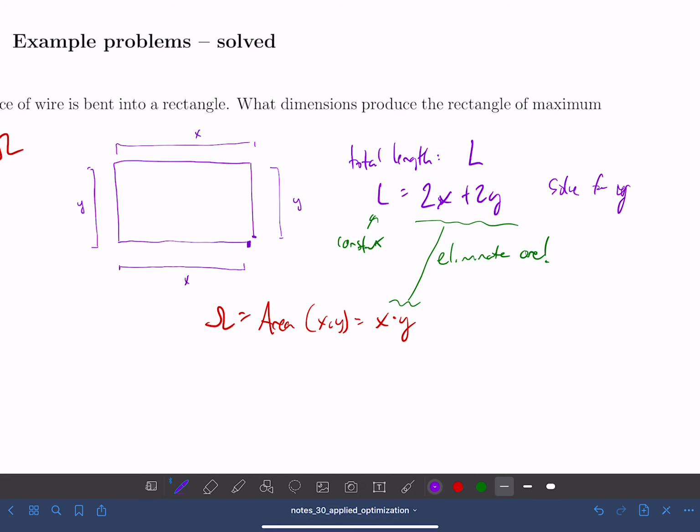L minus 2x equals 2y, which means that y equals L minus 2x over 2 equals L over 2 minus x.